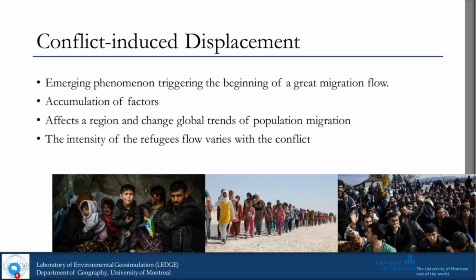Well, our interest in the lab is actually to simulate more environmental migration, in a sense. But then after 2016, in Canada, we started seeing all these flows of refugees and immigrants requesting asylum.